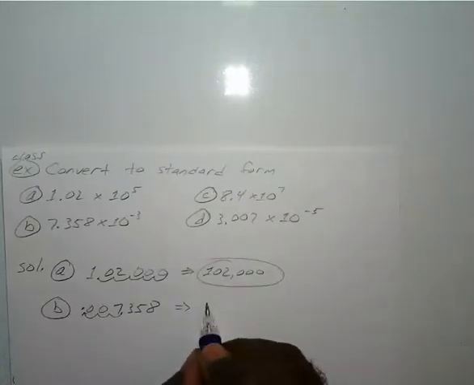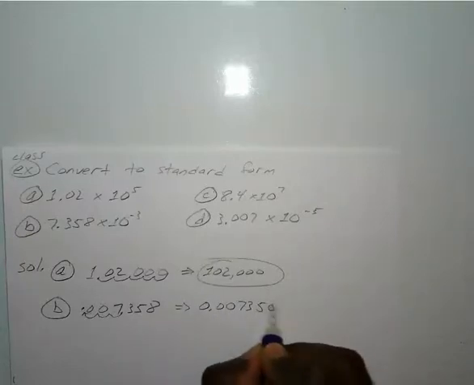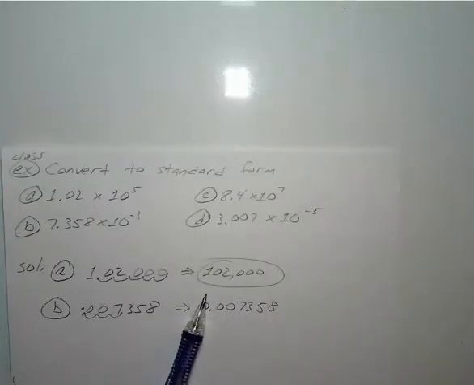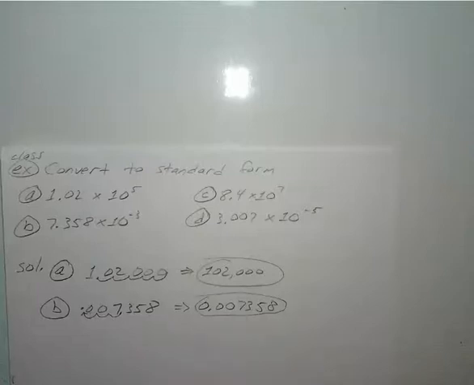So we have 0.007358. Okay, remember that first zero on the left of the decimal, you don't need it, but sometimes handy to put it there. So if you just have .007358, that's correct also. You just put that zero in front because sometimes it will show up that way.